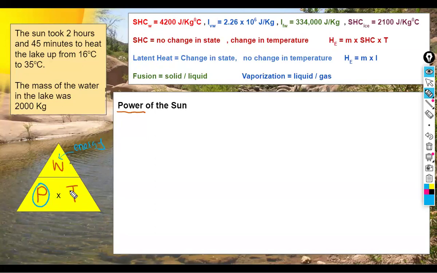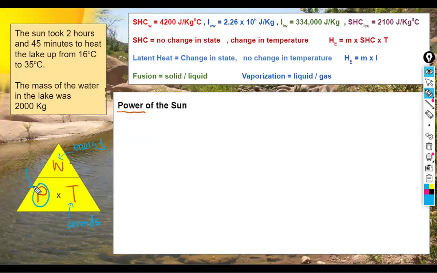That is a general formula throughout physics. However, your time has to be in seconds, not hours, not minutes, for this formula to work.